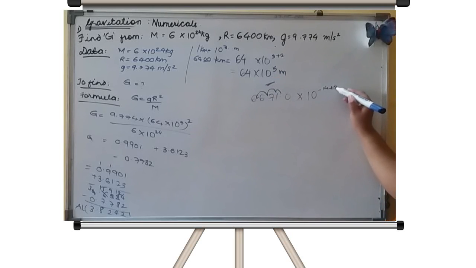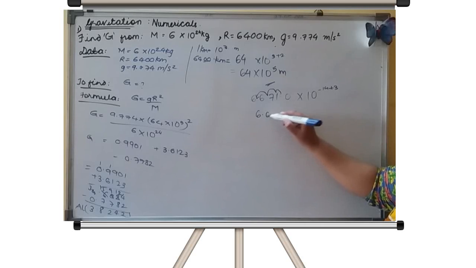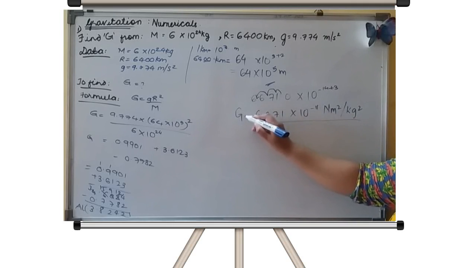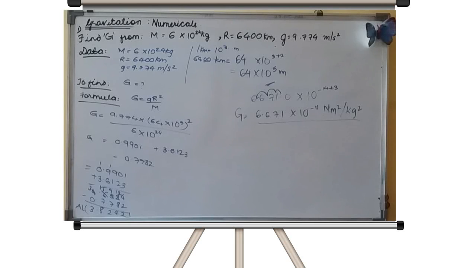We will add 3 here. 6.671 into 10 raised to minus 11, and the unit is Newton meter square per kg square. This is our answer, and this is the standard unit for gravitational constant.